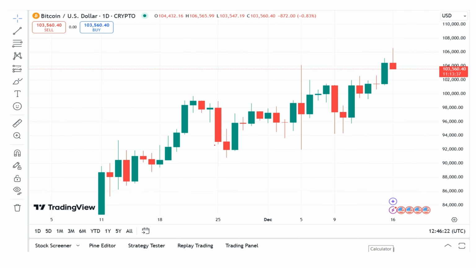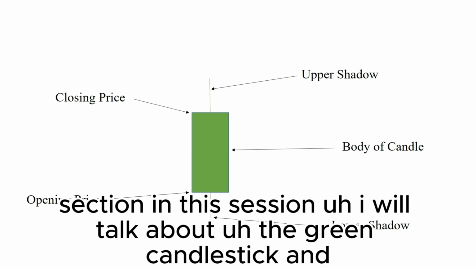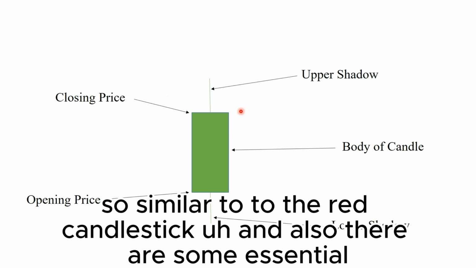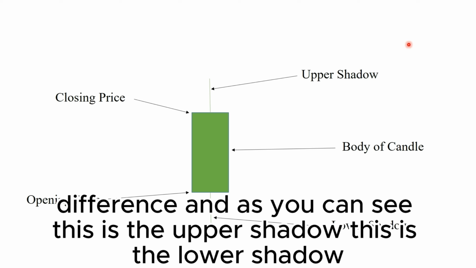Now the green candlestick. As you can see, the green candlestick is similar to the red candlestick, but there are some essential differences. This is the upper shadow, this is the lower shadow.